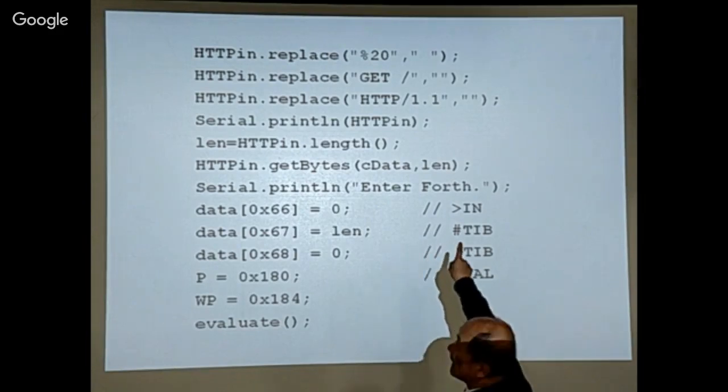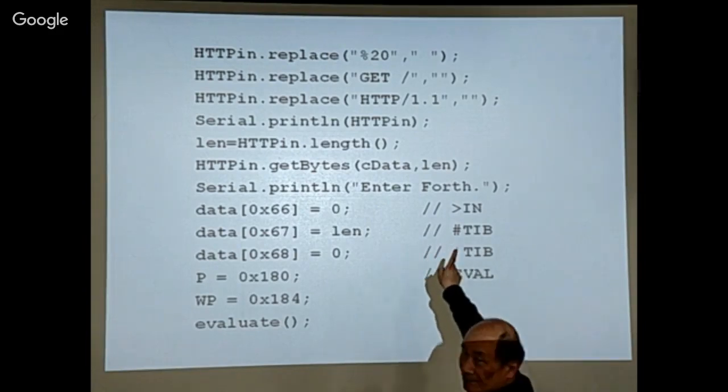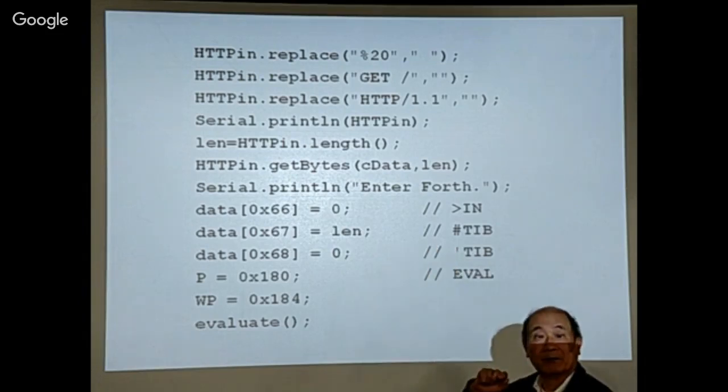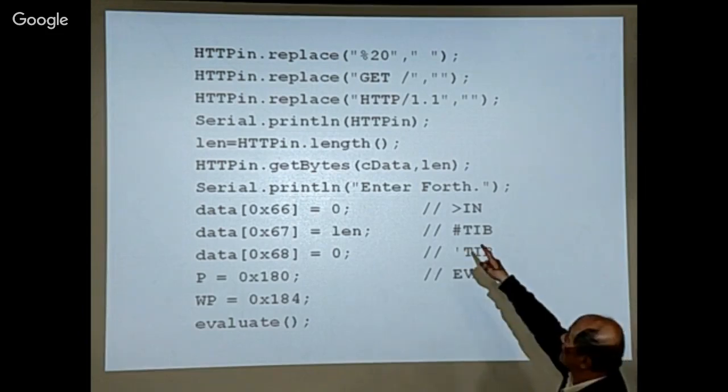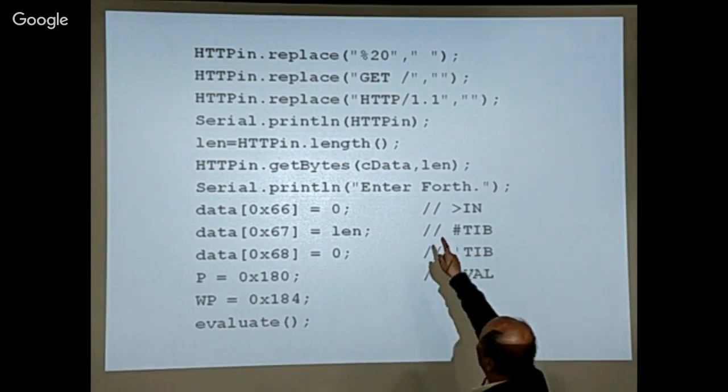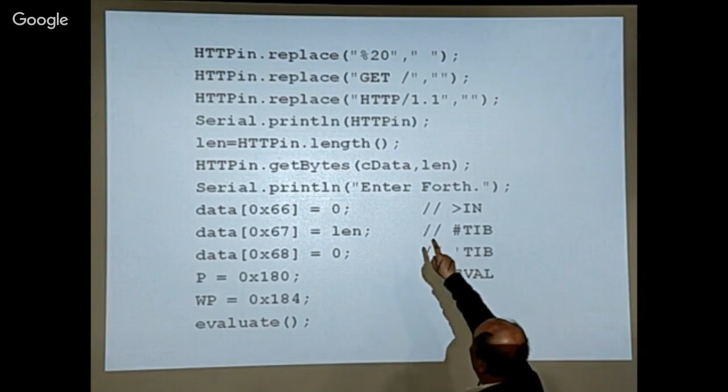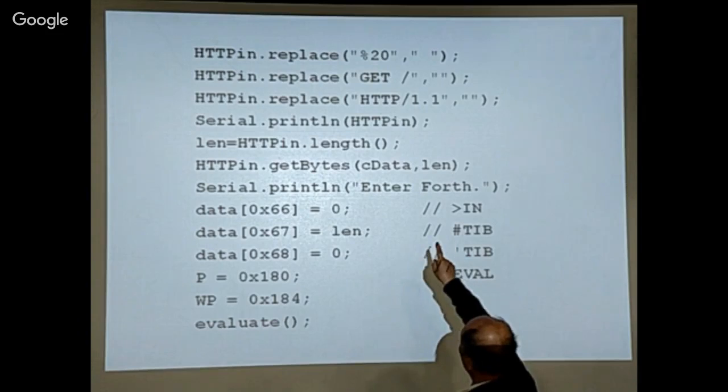Okay, so that's the terminal input buffer. The C system needs to know where the TIB is, and the Forth needs to know where the TIB is as well. So this is how the C code stuffs the data into the C data array with the length, and that's where the TIB is.